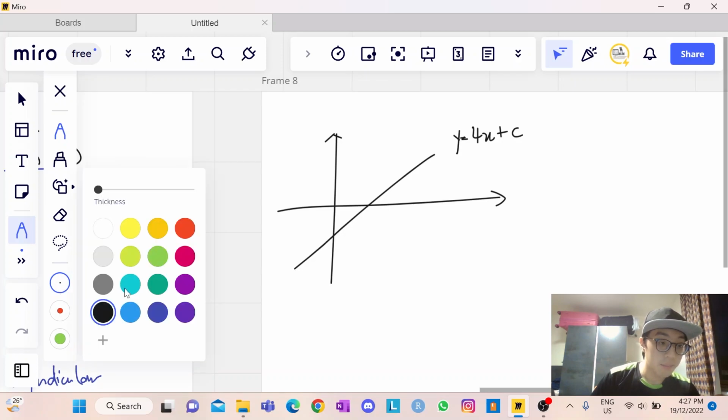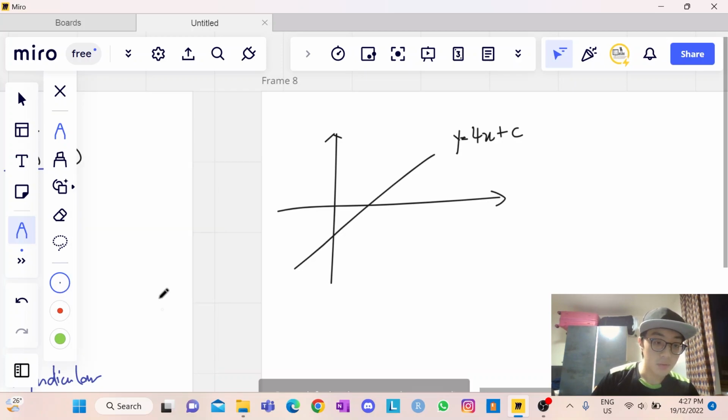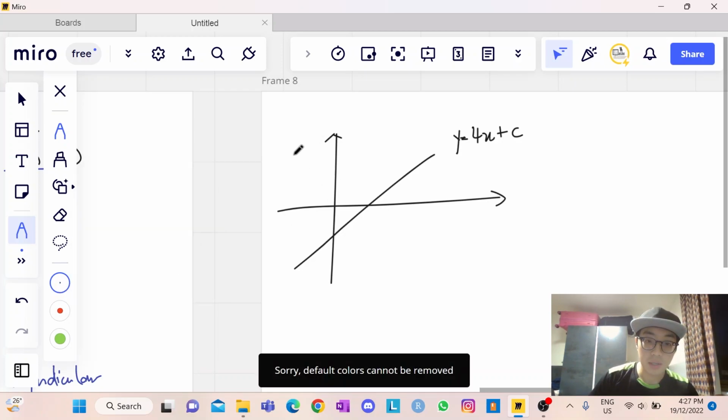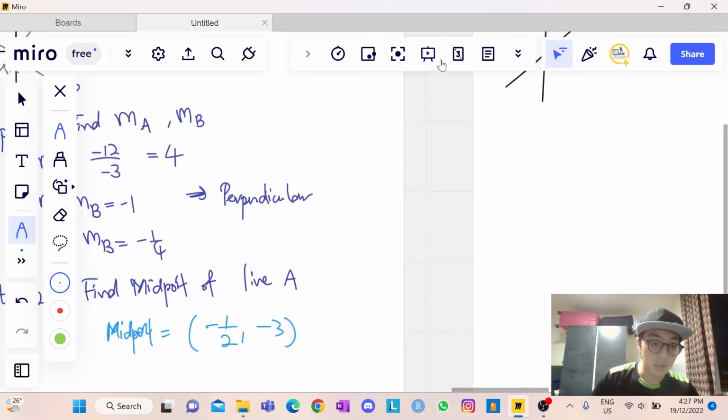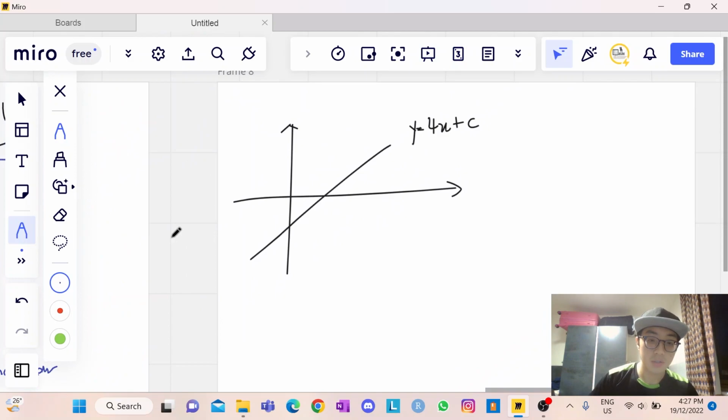So MB is something like this. Where's the midpoint? -1/2 and -3. So -1/2 and -3 will be somewhere here.